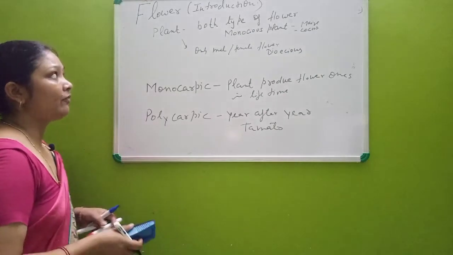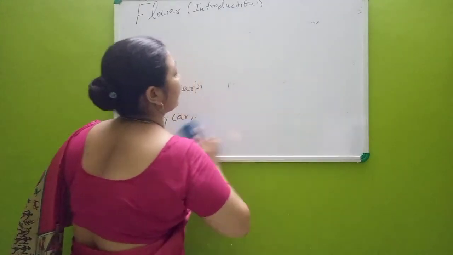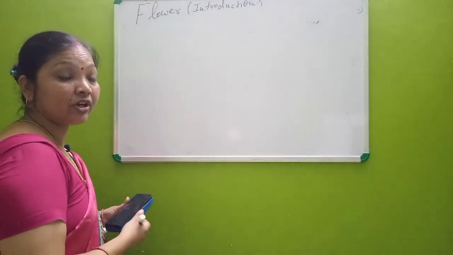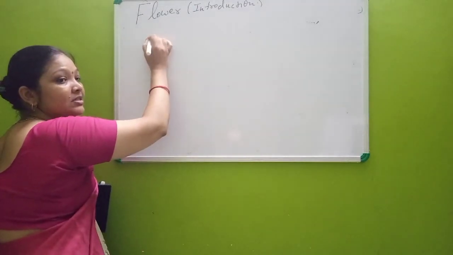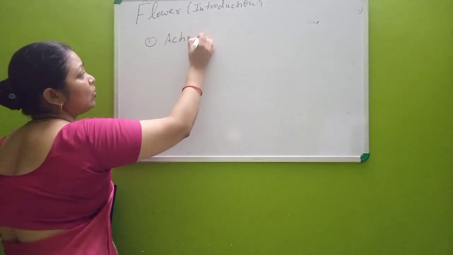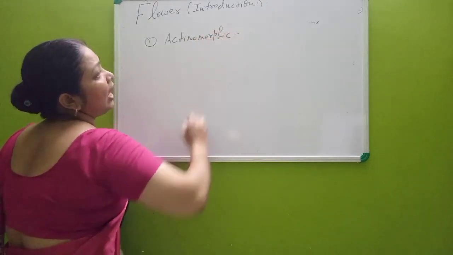Now one more thing we have to talk about is the symmetry of flowers. We have studied the symmetry in animals, now we will study the symmetry of the flower. The first symmetry is known as actinomorphic flower.